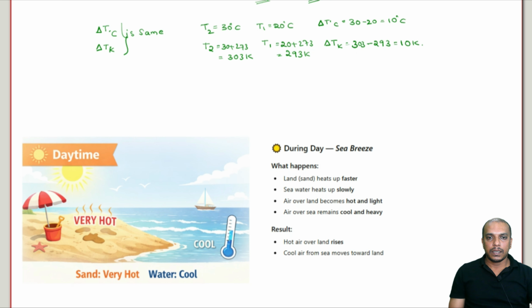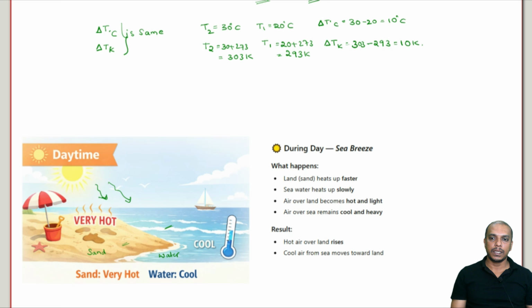Let us consider a beach where sunlight is received by the seashore and the sea. We know that the seashore has sand, whereas on the other hand we have water. Remember, both sand and water receive the same amount of heat from the sun.